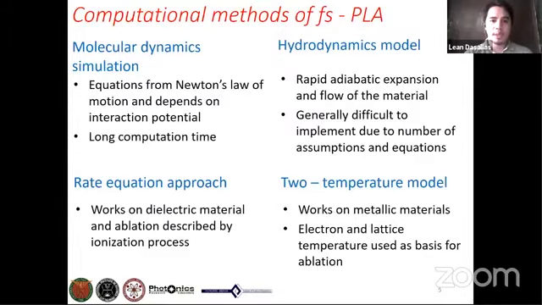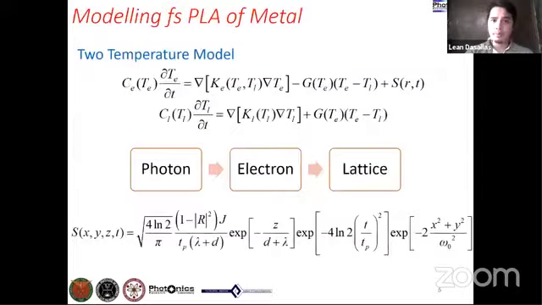These approaches can be applied depending on the material in consideration and the available computational resources. In our group, we focused first on metallic materials, and a very good approach to study ablation of metal is to use the two temperature model.